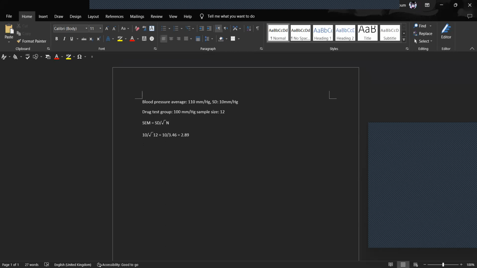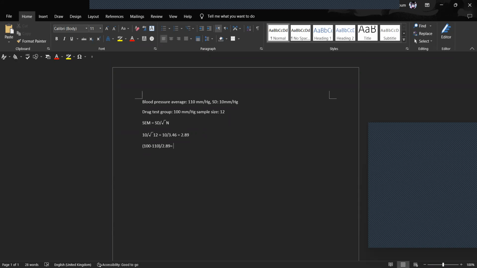And then to find the Z value, what we're going to do is take the difference between our group, the drug test group, and the population average, divided by the standard error of the mean. So that's 100 minus 110 divided by the standard error of the mean, which is 2.89.